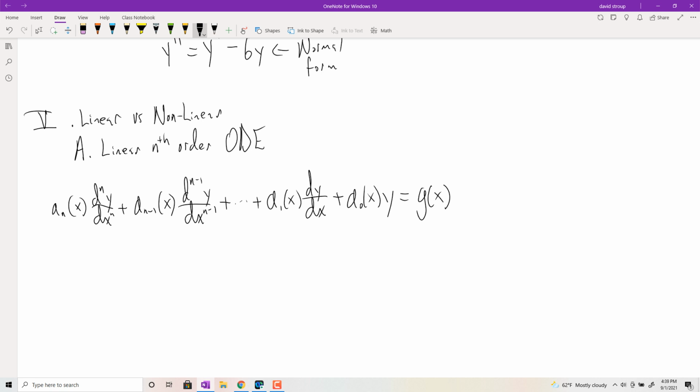Okay, so that's linear. If it doesn't have that form, then it's nonlinear.